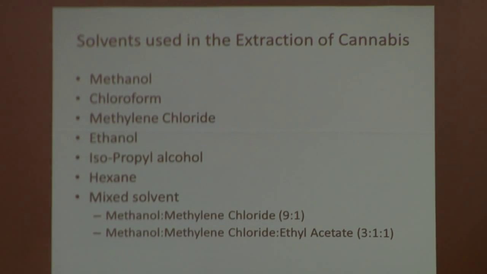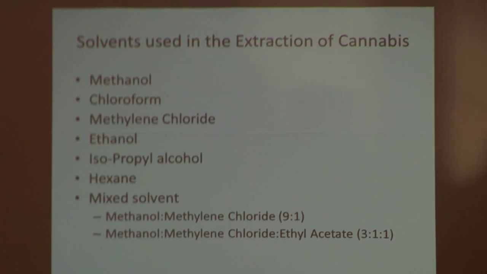It's polar in nature and hopefully will pull polar compounds out of the plant material, but many of those terpenes had no oxygen in them, which would add to the polarity, so a mixed polarity solvent can often be used. Hexane, on the other hand, which is very nonpolar, may pull some of the nonpolar components out, but has difficulties with the terpenoids that have a little bit more polarity to them.